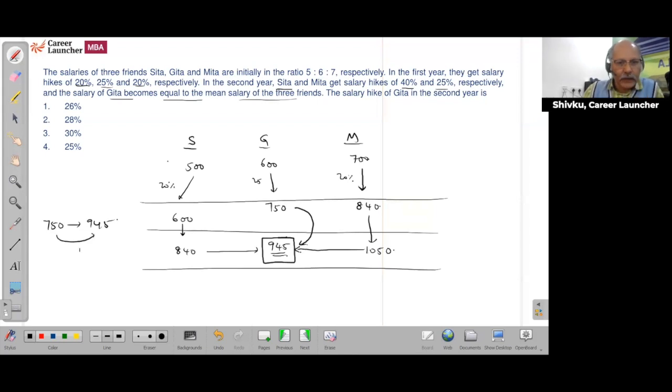That's about 195. So obviously your answer that you can see among these choices, the correct answer is 26%, right? 20% is 150 and then 45 more, right? 2% is 15, so 6% will be 45. That's how you get 26% as the answer.